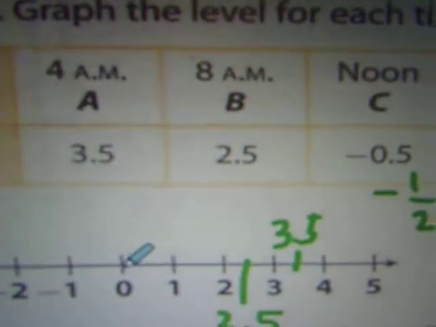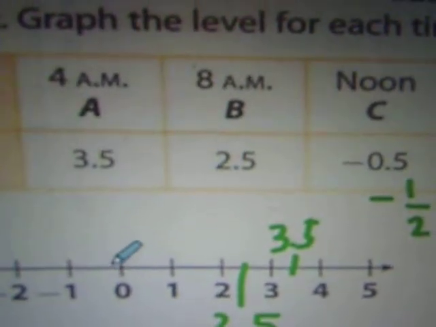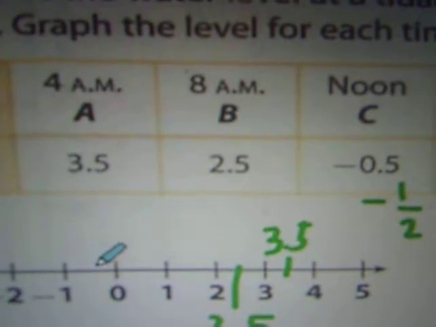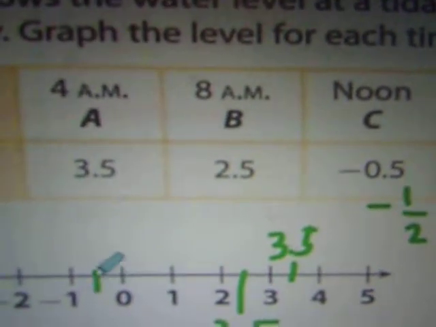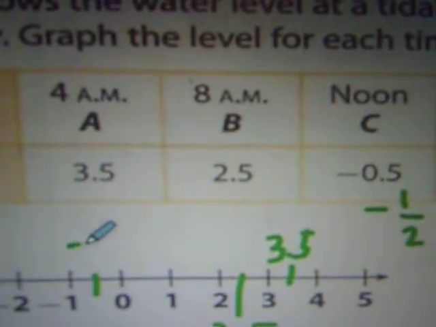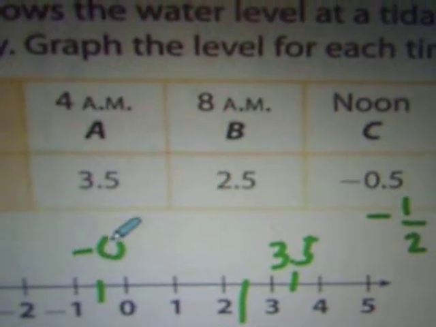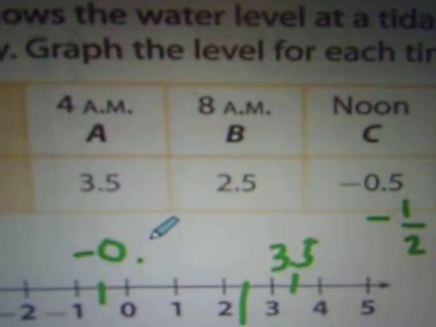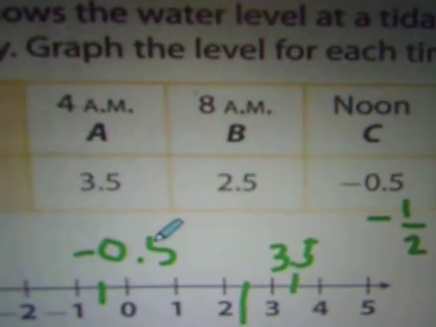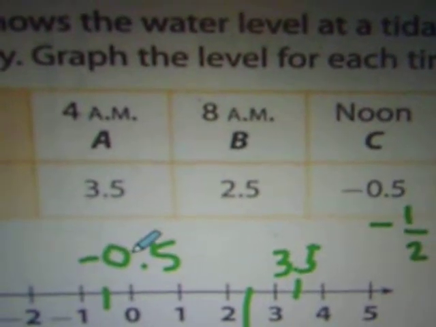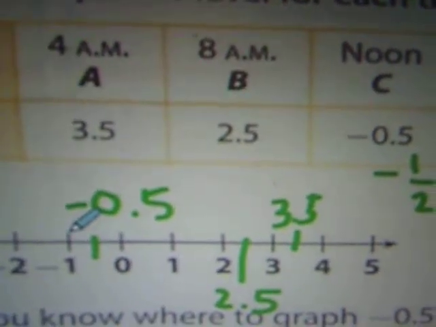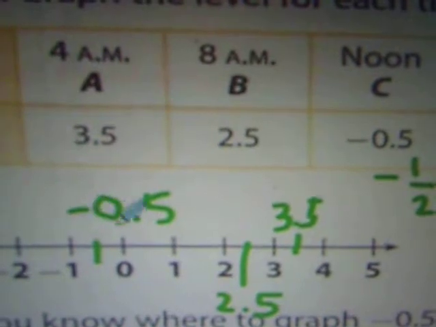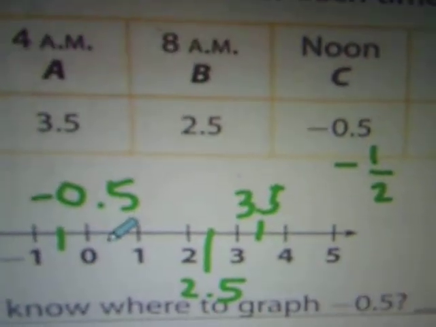Negative 0.1, negative 0.2, negative 0.3, and negative 0.5 would fall halfway in between the 0 and the -1. It's not quite 1 yet. Otherwise, there would be a 1 instead of a 0 here in the 1's place. So we don't quite make it to this -1 yet. We're just at negative 0.5, -1/2, or -5/10.